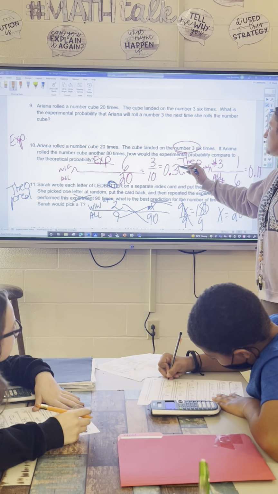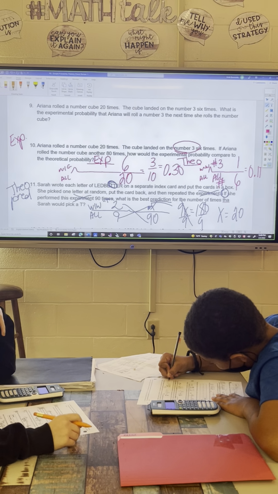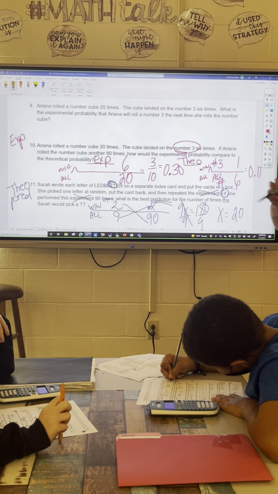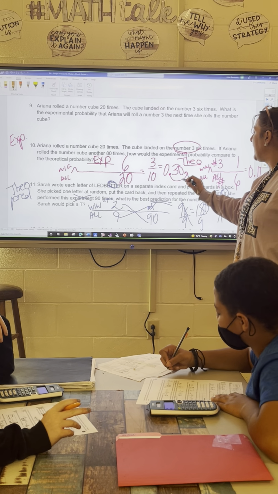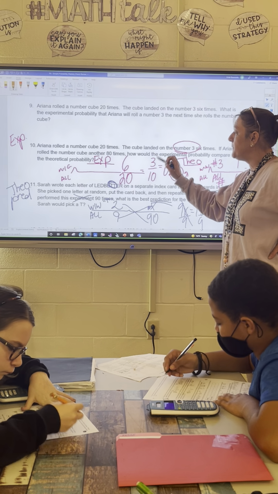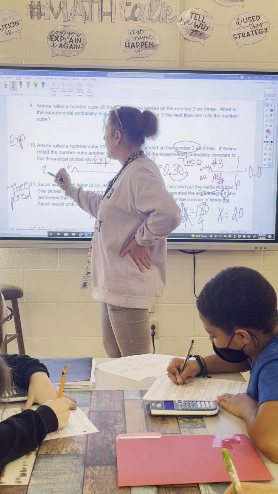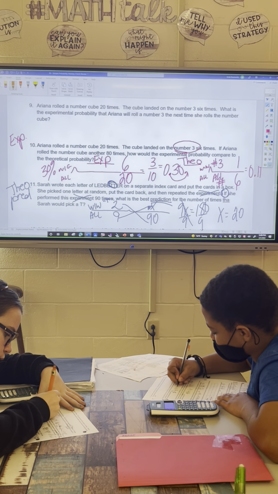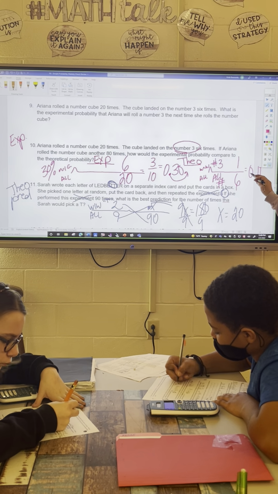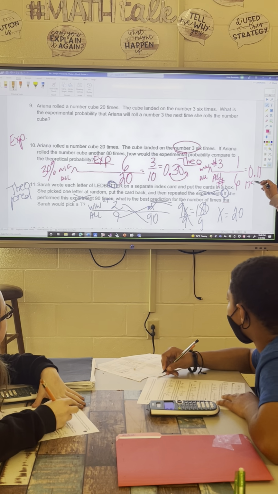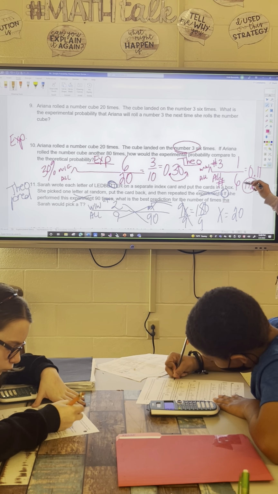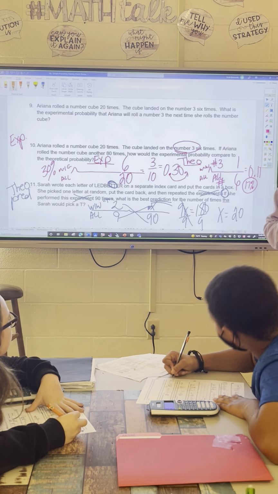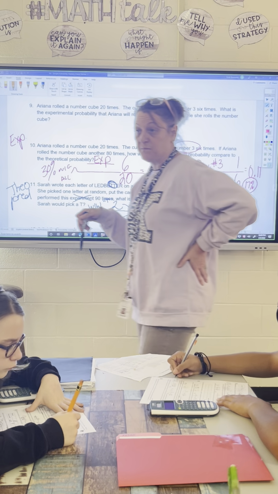All right, so let's take it one step further and do the percent. I'm going to move my decimal 2 places, and so experimentally, she got it 30% of the time. Over here, it's 17%. Theoretically, she should have only gotten it 17% of the time.